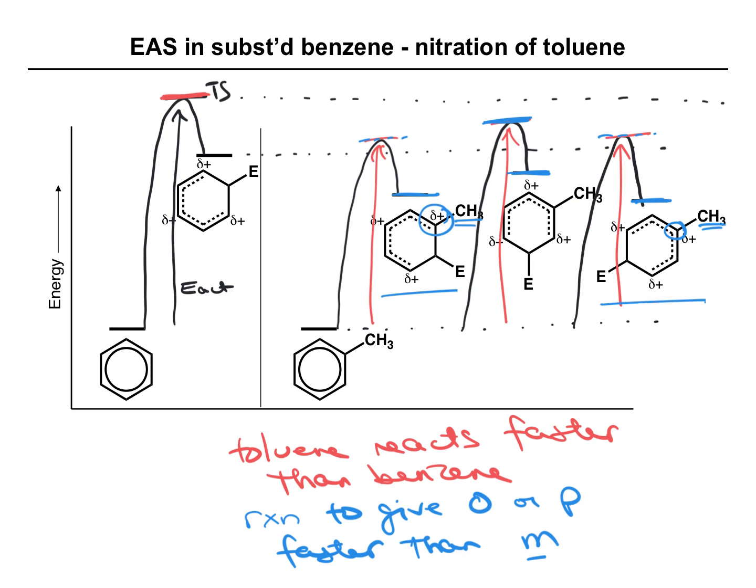Therefore, the methyl group, which is an electron releasing group, is an activating group because it causes the reaction to happen faster, and it is an ortho-para director. So in general, electron releasing groups are activators and ortho-para directors.